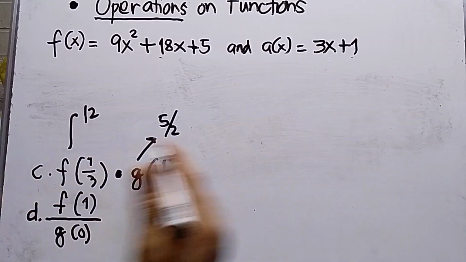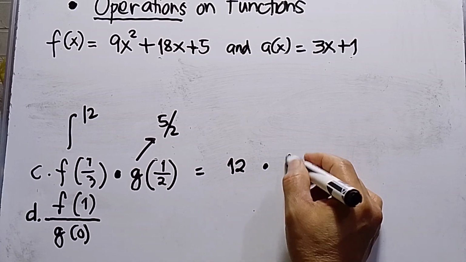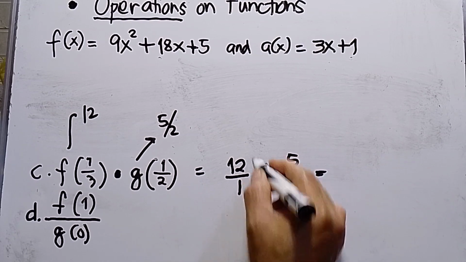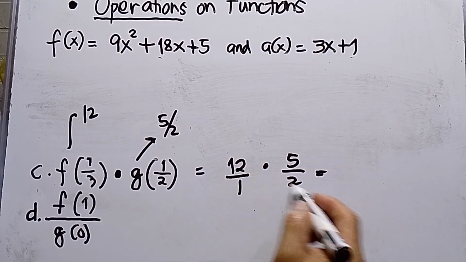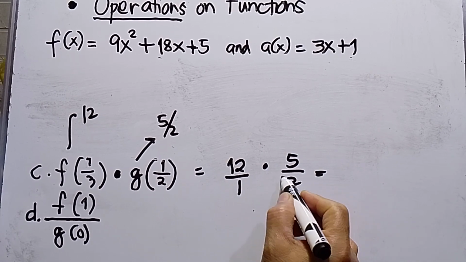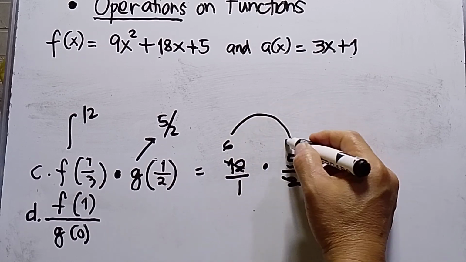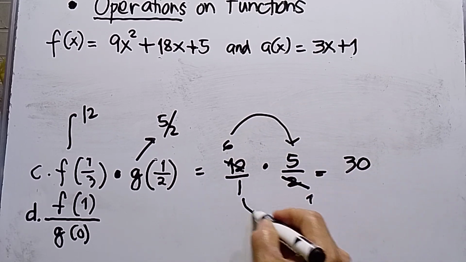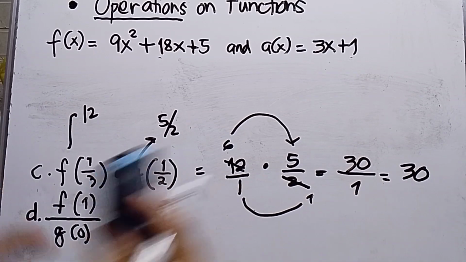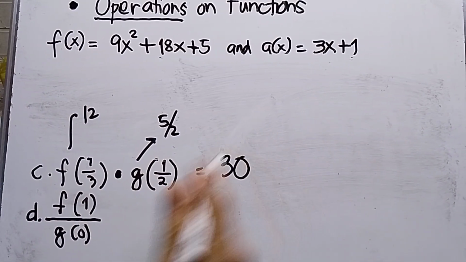Then this is multiplication, so 12 times 5 over 2. Since I don't have denominators, I will put 1, or we can use cross cancellation. Divide by 2 is 1, divide by 2 is 6. Then 6 times 5 is 30. Then 1 times 1 is 1. So the answer is 30. So for letter C, the answer is 30.